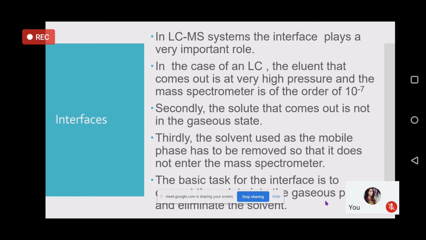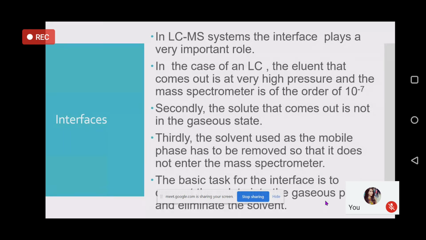Secondly, the solute that comes out is not in the gaseous state. Thirdly, the solvent used as the mobile phase has to be removed so that it does not enter the mass spectrometer. Entry of the solvent in vapor form is very easily possible because solvents used for dissolving the solute are usually volatile.